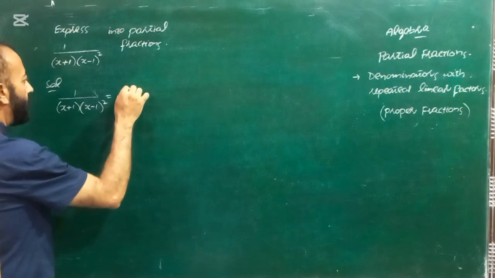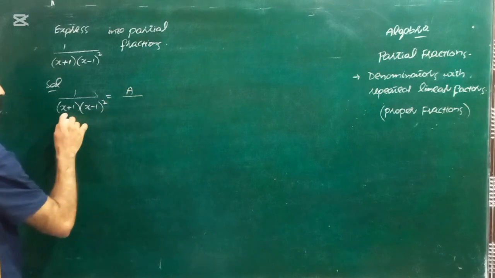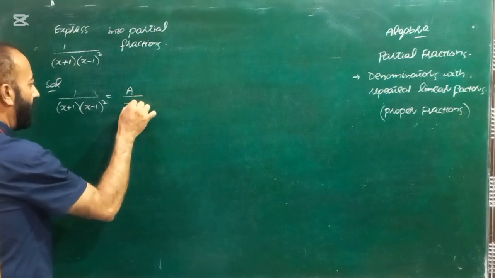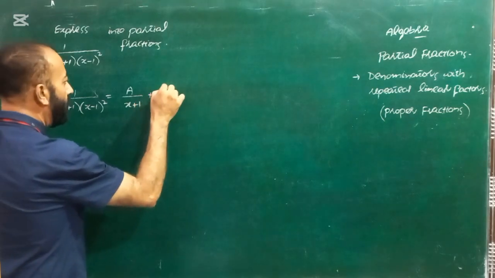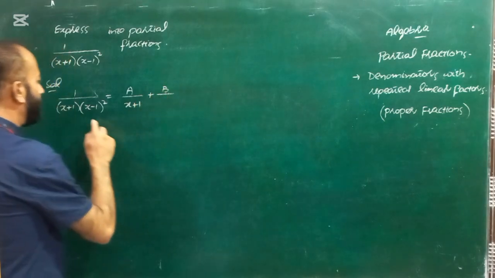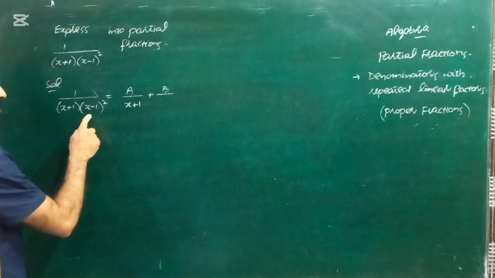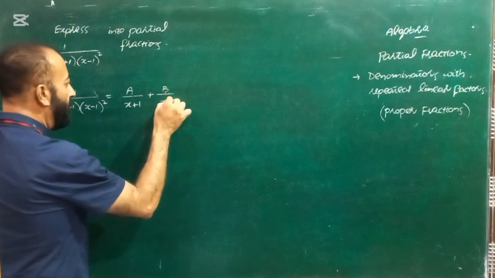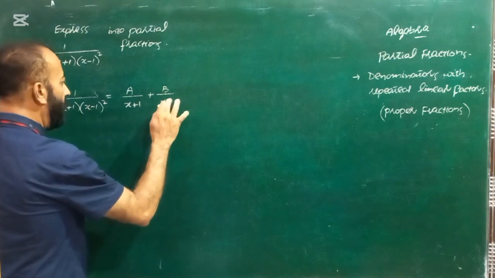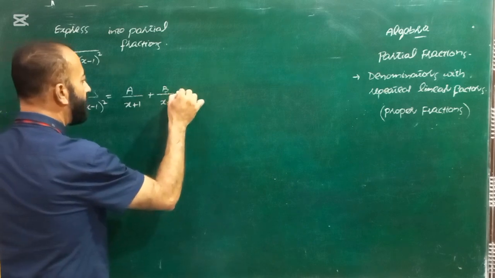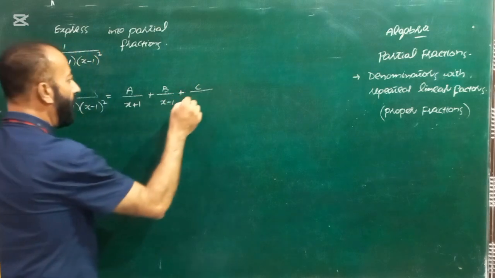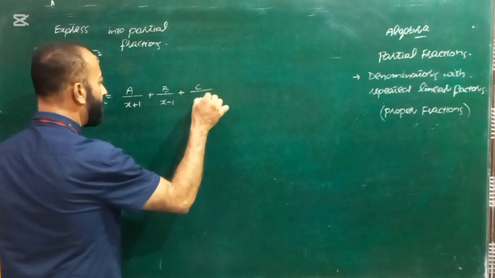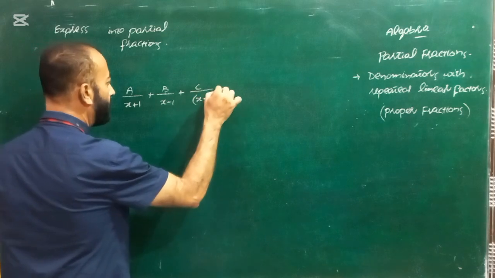We will write a over the first factor, that is non-repeated. Now be careful, b over the factor which is repeating, but the first time it will be written in linear form, and the second time c over it in quadratic form. So x minus 1 whole square.